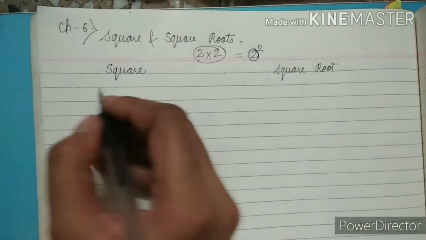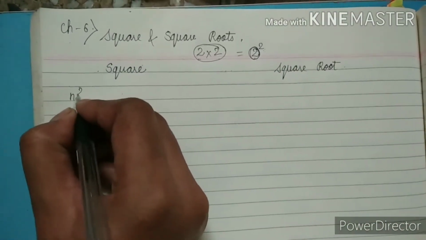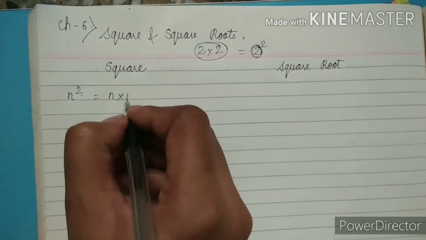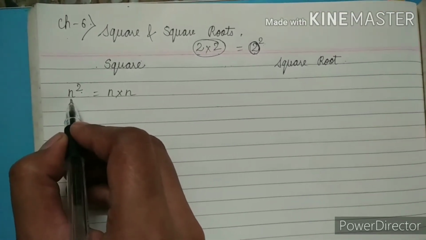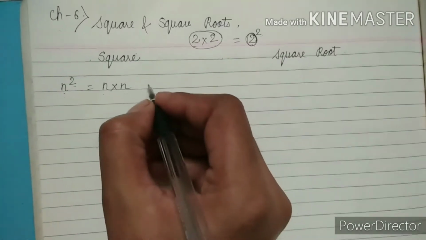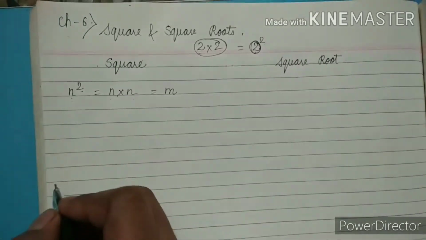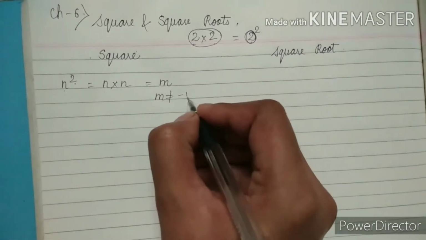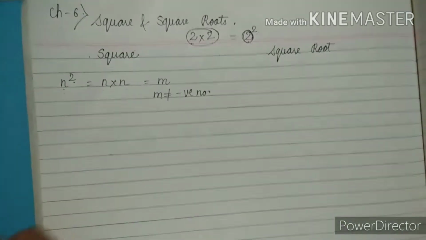So for recognizing, I am writing here n square. n square means n into n, because n is multiplied 2 times, and the result will be considered as m, where m cannot be a negative number.